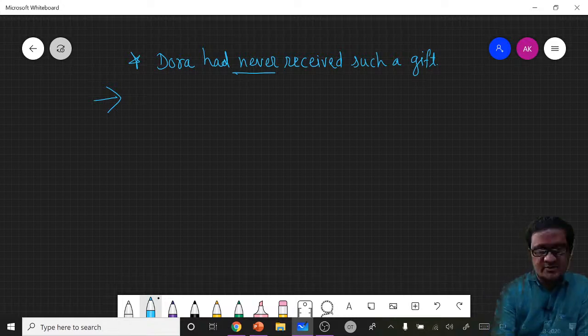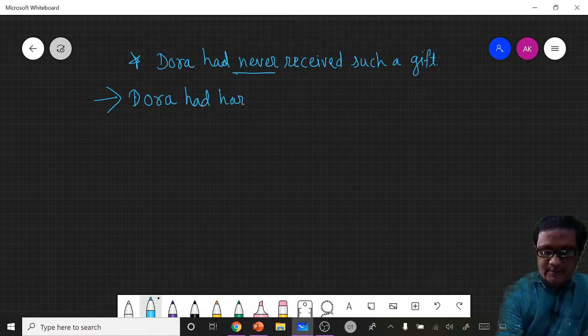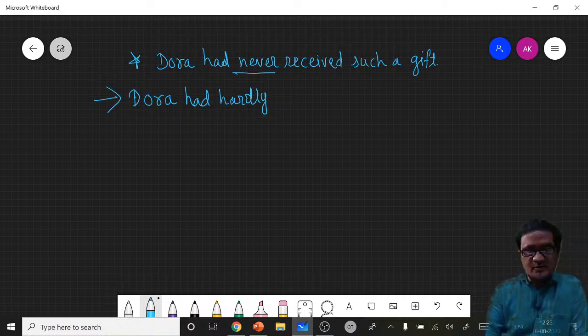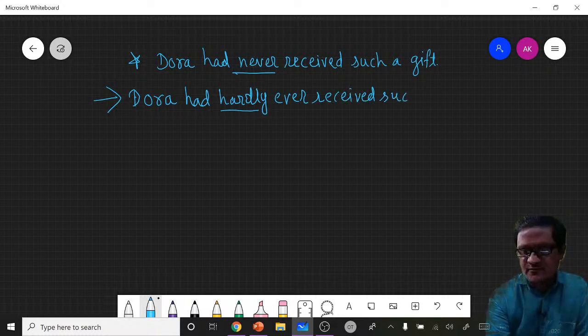So I would use here Dora had hardly, or I may use scarcely too. Dora had hardly ever. So here look at, never is converting into ever. Why? Because I am adding hardly. Dora had hardly ever received such a gift in her life.